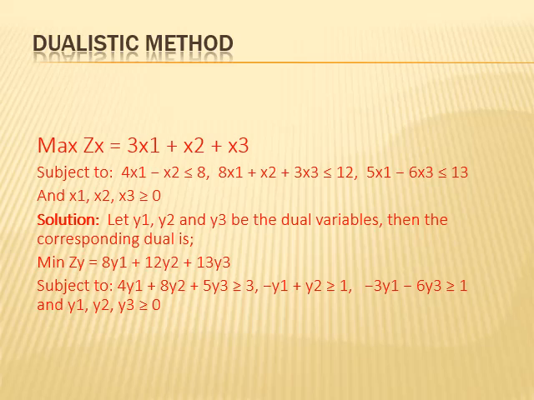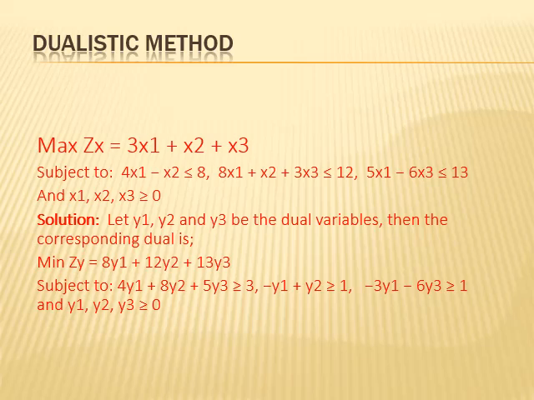Then the first constraint of the dual will be 4y1 plus 8y2 plus 5y3 more or equal 3. 3 is the coefficient in the primal objective function.